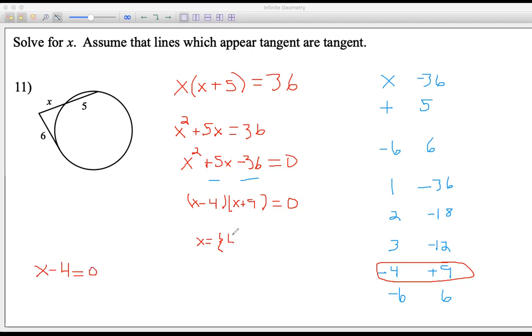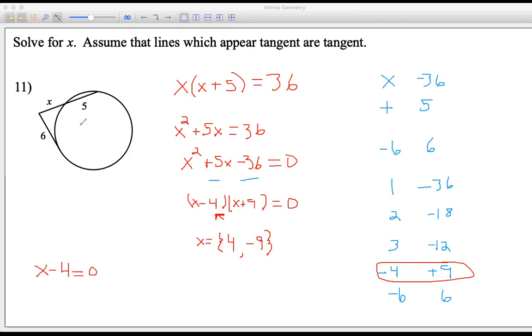What's the relationship between that 4 and that right there? It's the opposite. When you set x plus 9 equal to 0 and you solve it, you get... So what's the relationship? As long as it doesn't say something like 2x minus 4, then it's just the opposite of what you just got, which is why most people, once they factor it, already know what the answer is. We have two candidates, 4 and -9.